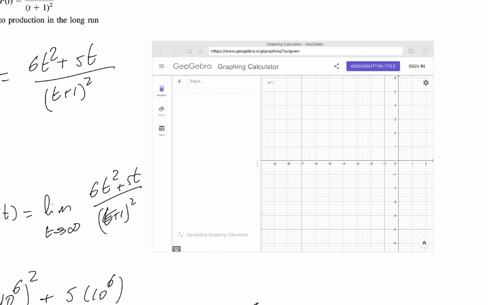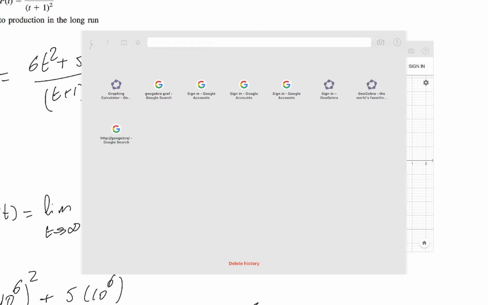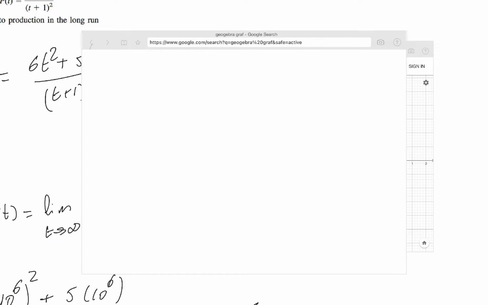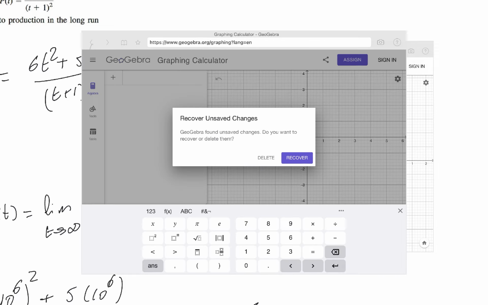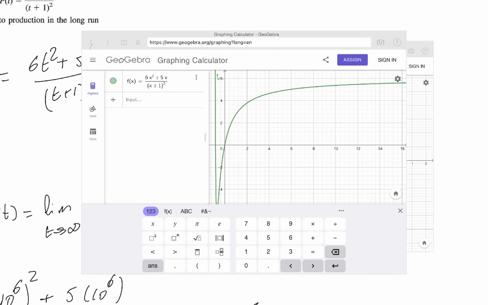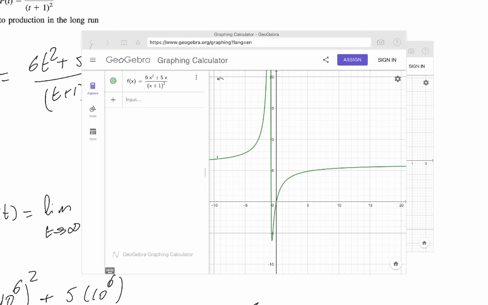In the browser, you go to GeoGebra graphing calculator. I have done this function before, so I have recovered it. So this is the function that I have plugged in.